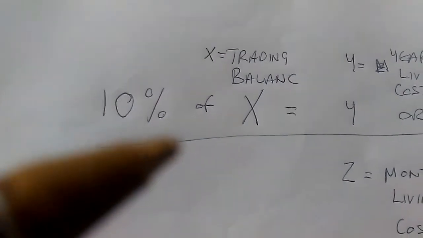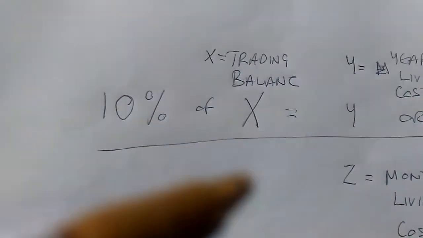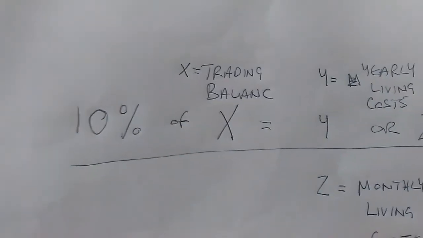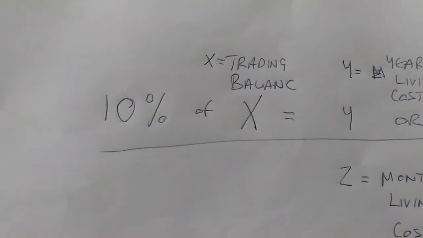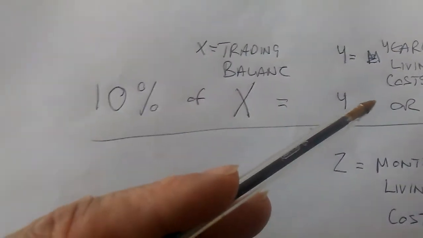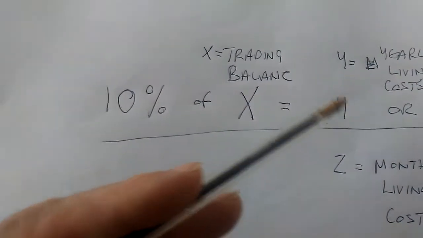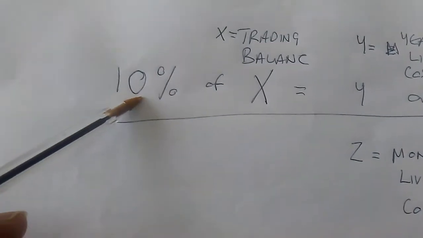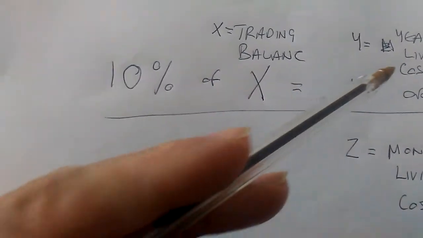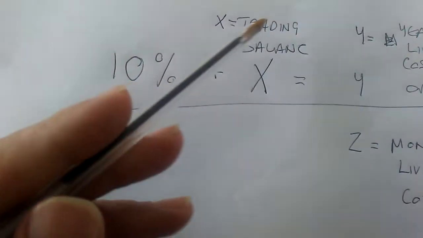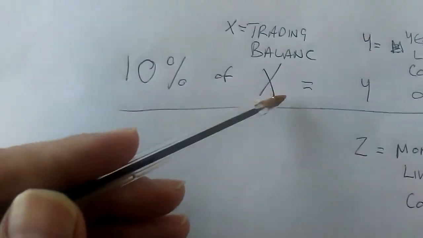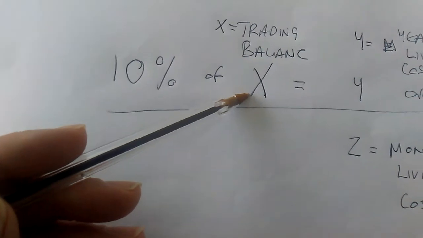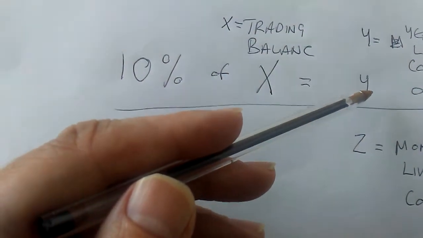But let's say you haven't got 240, which most people haven't. So you've got half that. Whatever your yearly cost is, by reducing the amount of balance you've got, you have to increase the percentage that will equal your yearly costs. If you reduce it from 240 down to 120, you've got to increase this, haven't you?